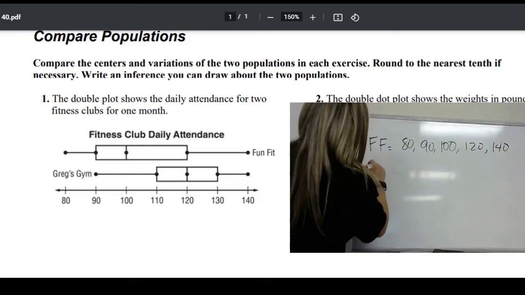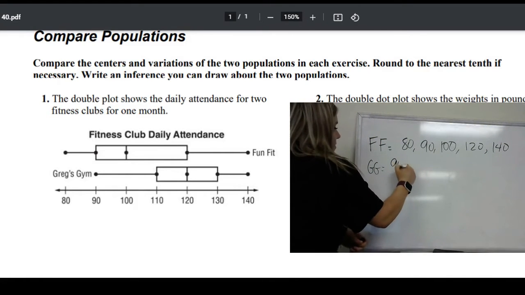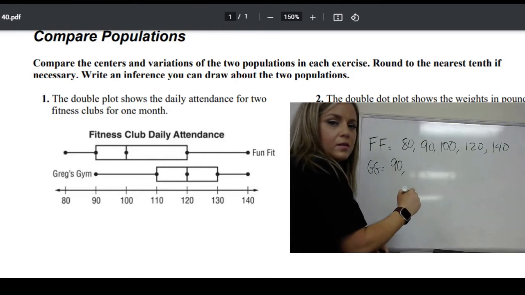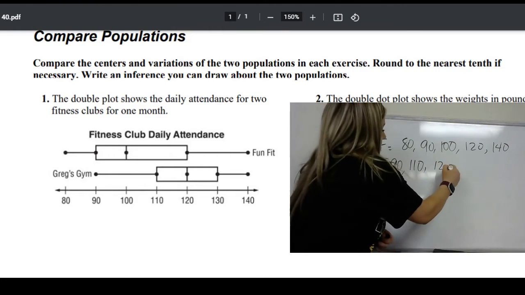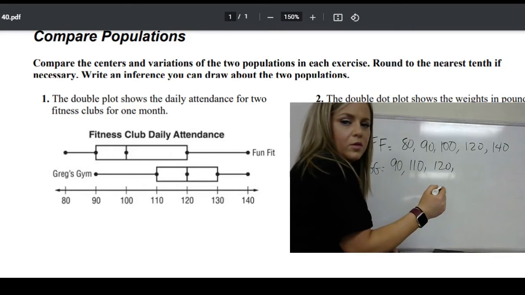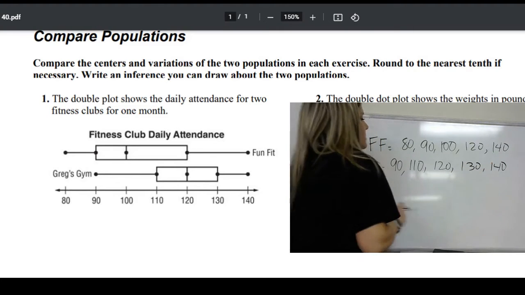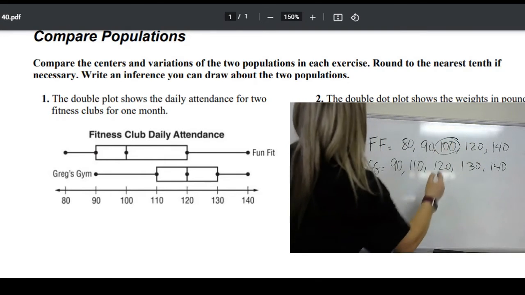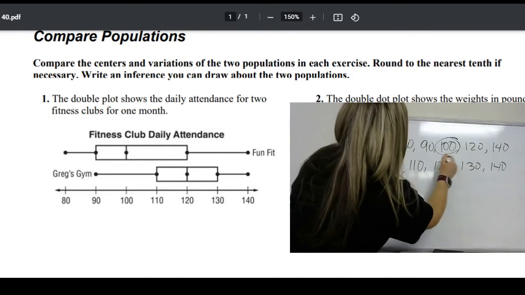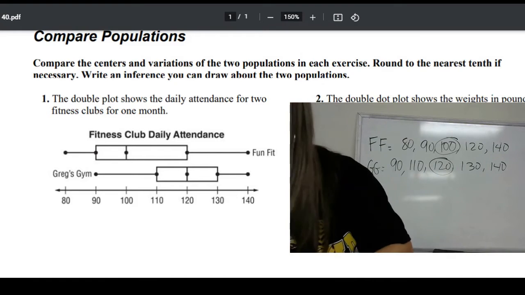And then we have Greg's Gym, GG, and we have 90, 110, 120, 130, and then 140. And actually, let's see, the median of Fun Fit is 100 and 120 for Greg's Gym. So it's a little bit different.